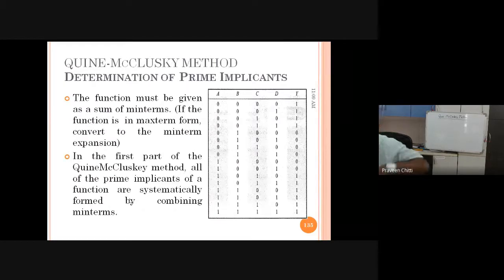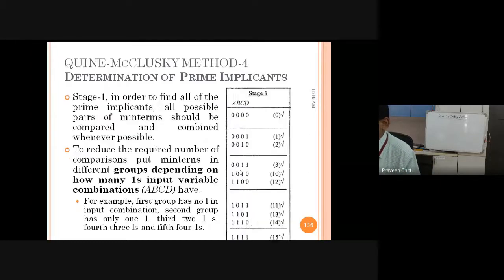That's what is explained here, like how we should determine the prime implicants from the table. There are different stages involved in it. I'll be explaining this directly with the help of one example, and then we will understand how exactly the grouping can be done, how the literals can be eliminated, and how we can move from one stage to the next.